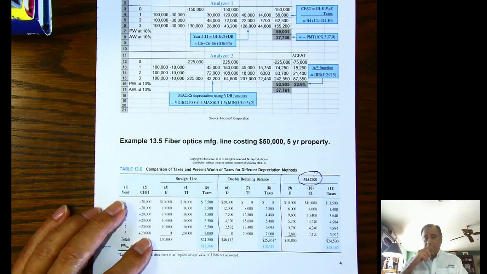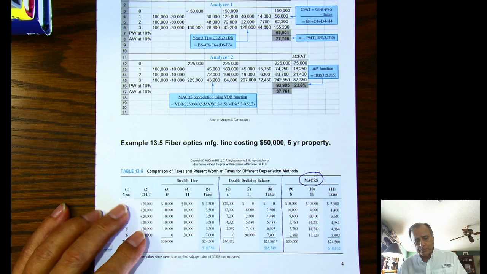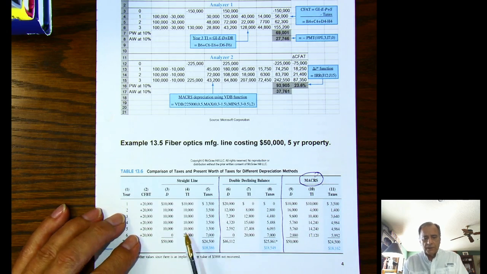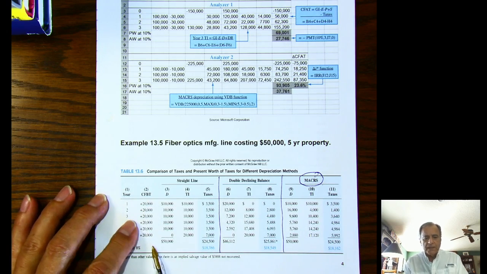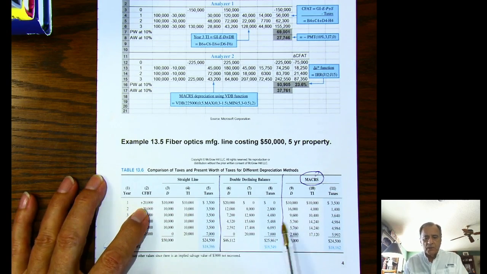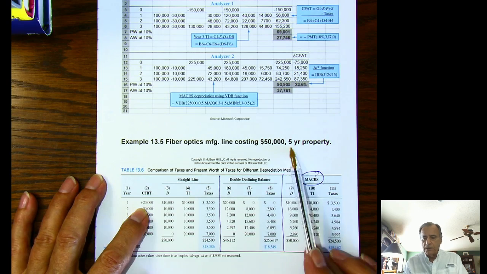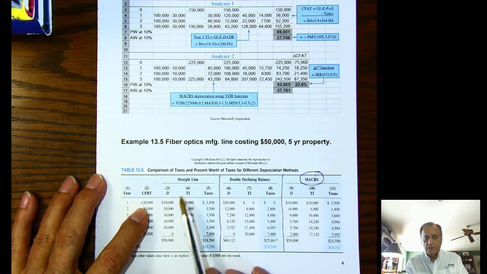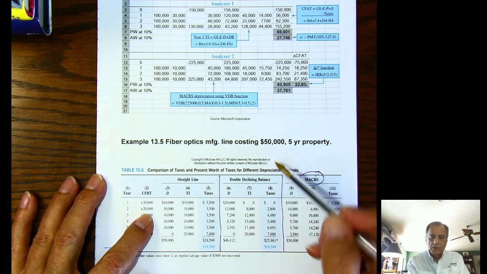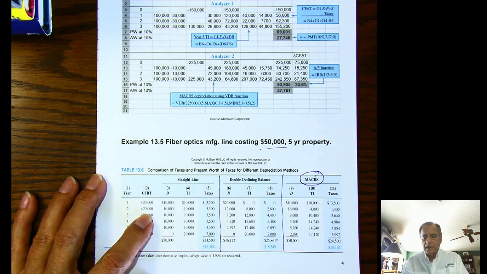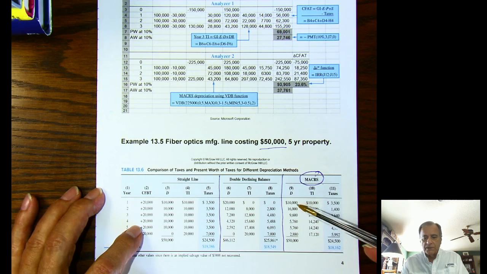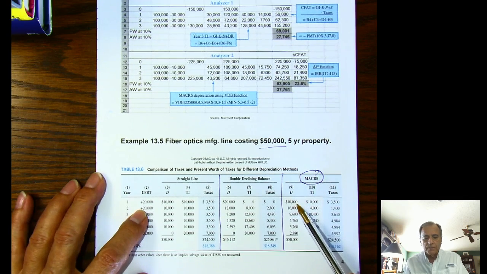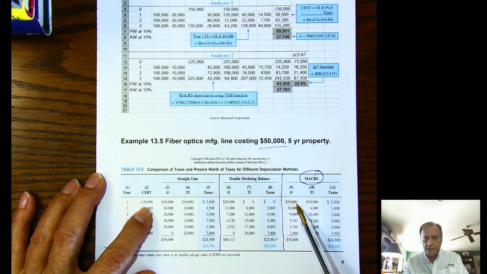Okay, and this method, we're going to look at the cash flow before taxes, which is $20,000, and then we're going to take depreciation using 5-year property and figure out how much that is. Well, the first year, it's 20% of the original price. Okay, 20% of 50,000 is 10,000. So your depreciation's 10,000. Cash flow before taxes is 20,000.